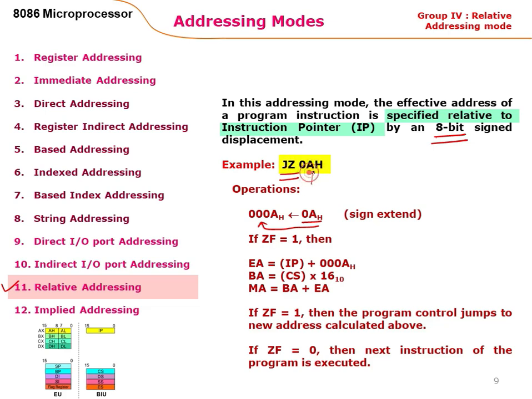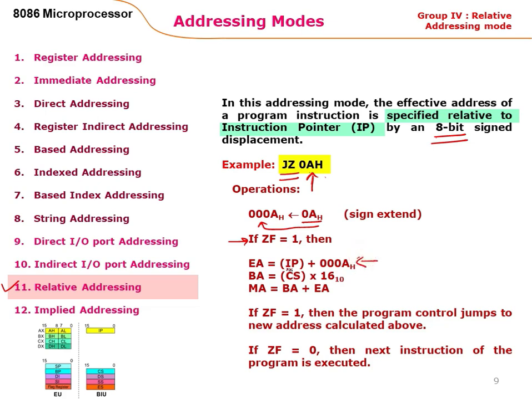Here the instruction pointer value is added by this value, and the program instruction pointer will be directed to this value. If the zero flag is 1, then the effective address will be equal to the instruction pointer plus this added value.